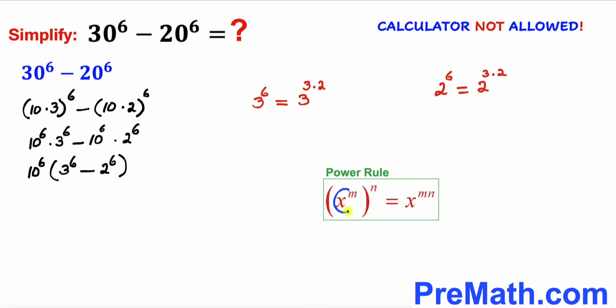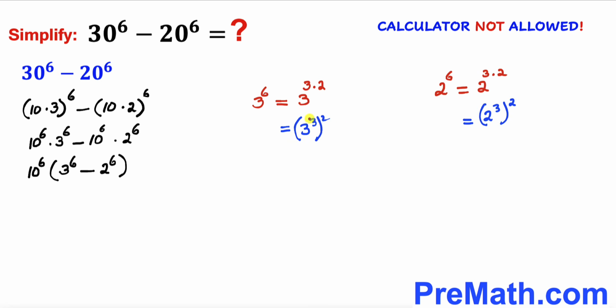If we have x power m and then power n, in other words, m and n are our nested exponents, then this whole thing could be written as x power m times n. We are going to apply this power rule on both of these cases. So 3 power 3 times 2 could be written as 3 power 3 and then whole power 2. And likewise, 2 power 3 times 2 could be written as 2 power 3 and then whole power 2.